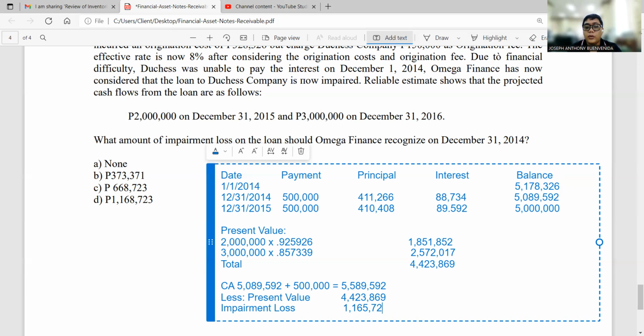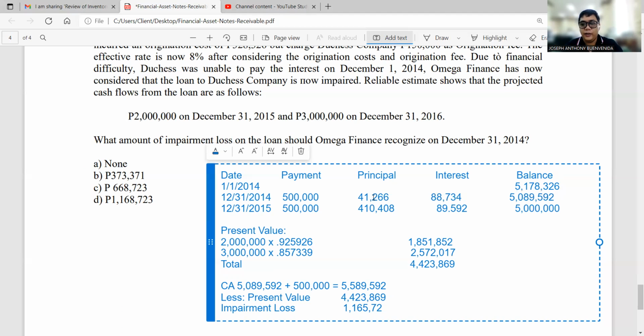Sala akong pag-minus, o sala akong pag-multiply diyo. Sala ang sa babaw. Okay, 5,178,326 times 0.08. Sala, sorry. Kuha na siya gali 414.